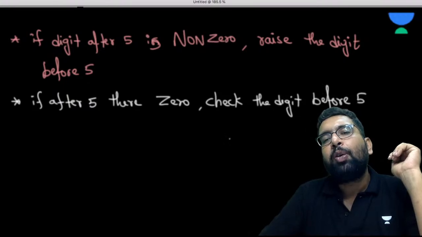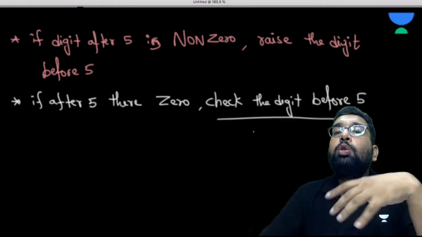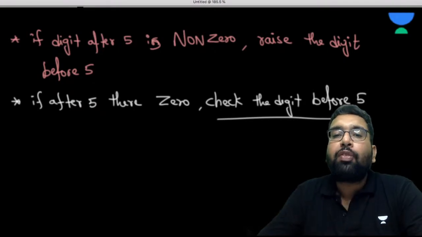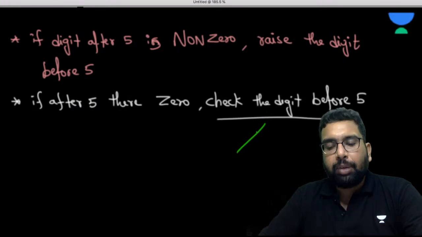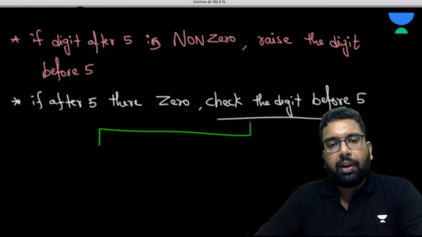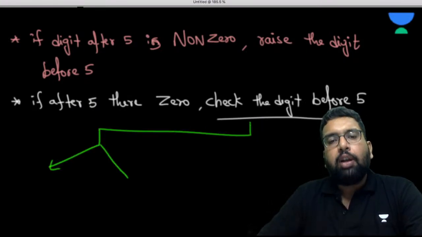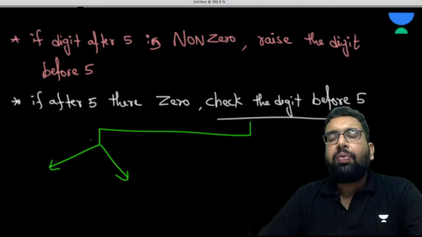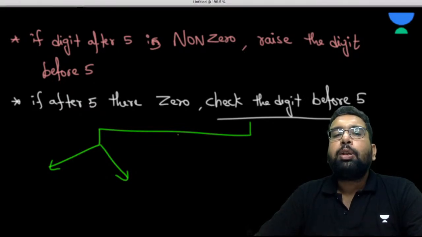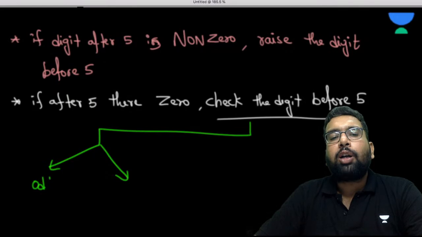When you check the digit before 5, and after 5 it is 0, there can be two things. It can be an odd number, it can be an even number.